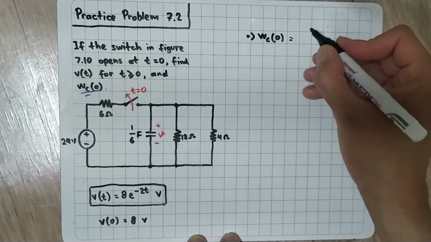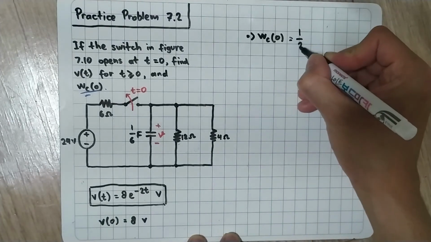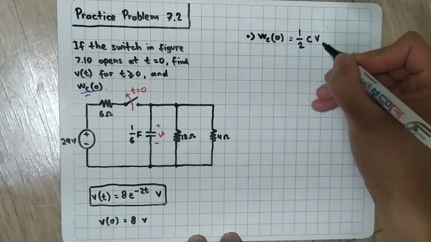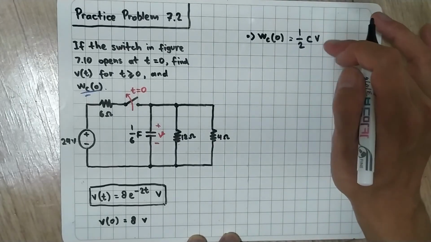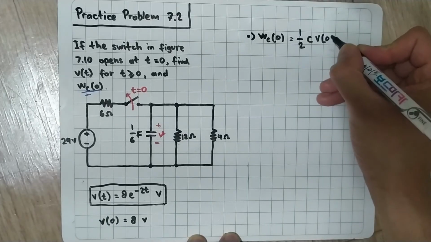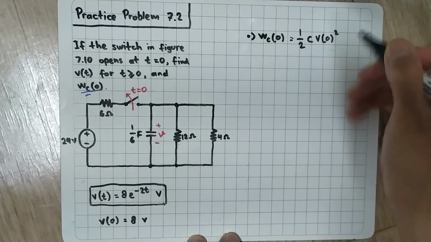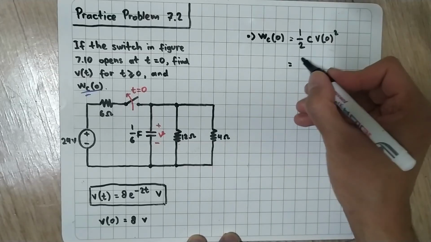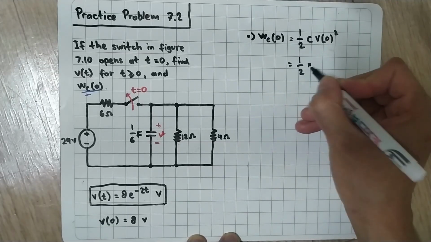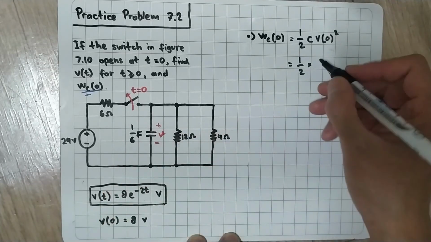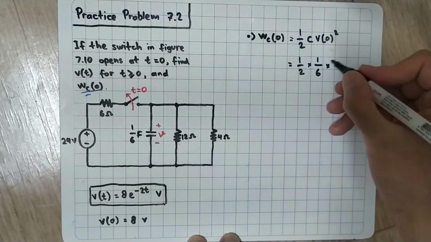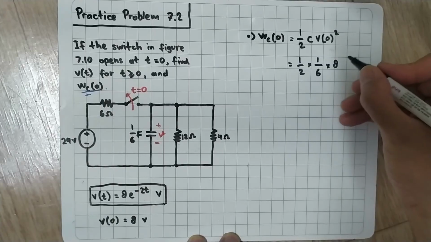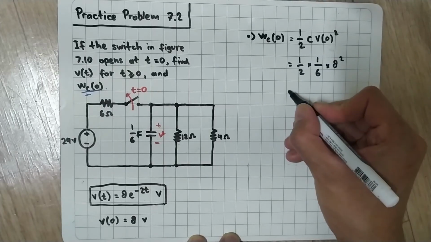So remember that energy is 1/2 c v squared, and because we want it at time 0, we will have v of 0 and this will be squared. So we can just plug in the numbers: 1/2 multiplied by the capacitance value, which is 1/6, and v of 0 is 8, so we'll have 8 and that will be squared.